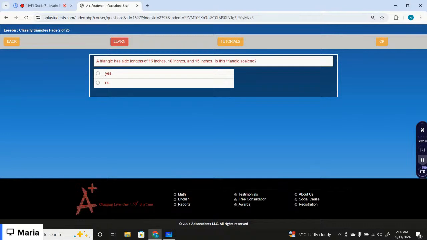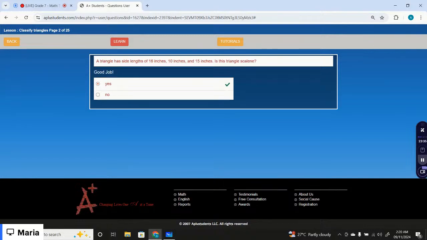A triangle has side lengths of 16 inches, 10 inches, and 15 inches. Is this triangle scalene? Which is the correct option? Yes, that is a scalene triangle. Option number one is the correct option.